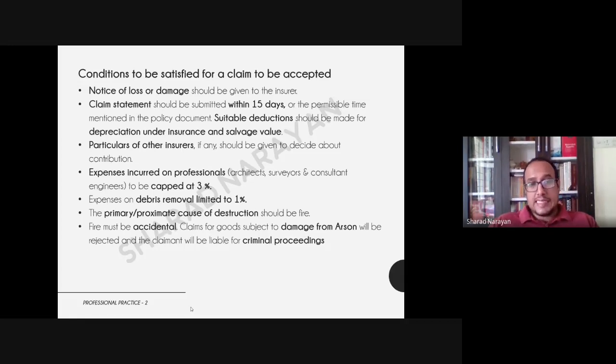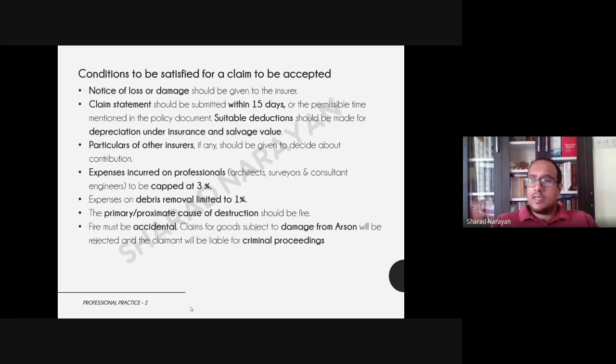Fire must be accidental. Claims for goods subject to damage from arson will be rejected and the claimant will be liable for criminal proceedings. Arson is the act of criminally damaging property by setting it on fire. When you are submitting a claim for fire insurance, the architects, surveyors, and consultant engineers will come and examine exactly what the cause of the fire was.